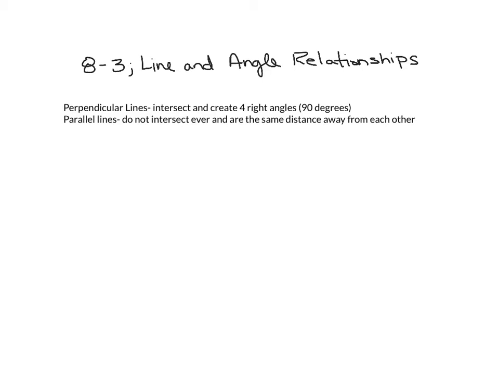And then you have one more, and it's called skew lines. And skew lines do not intersect, and they are not parallel. Which will make more sense when we get down to some examples.